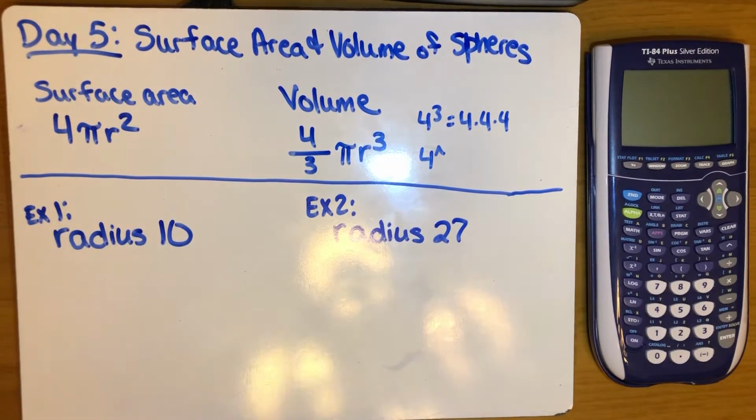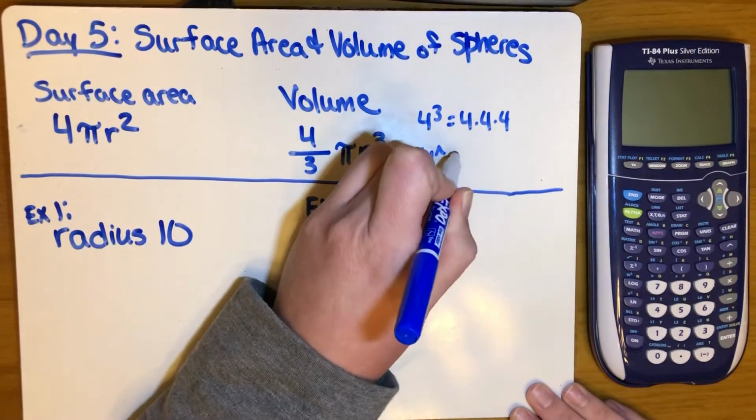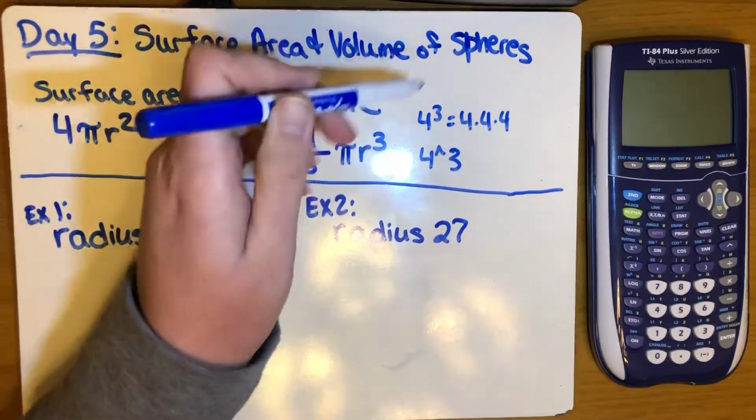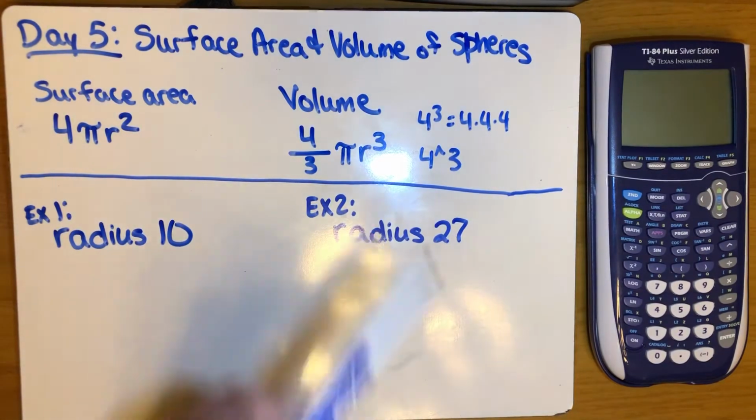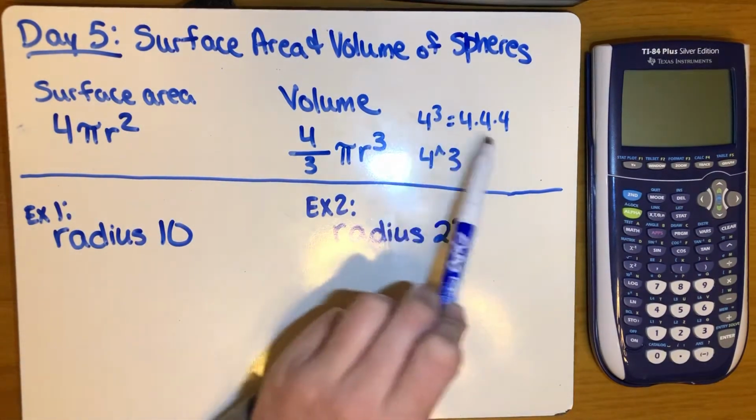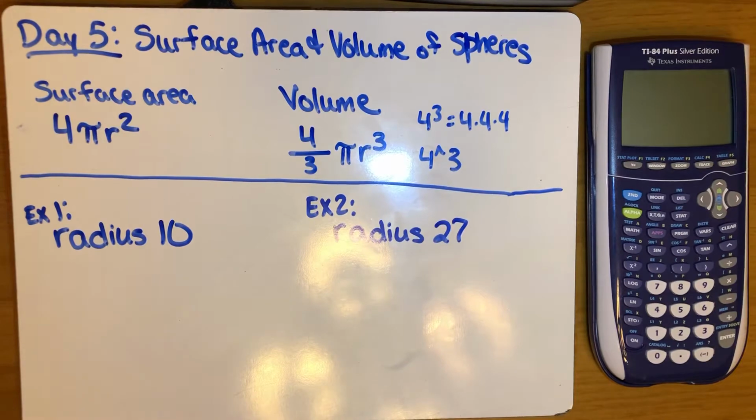Shift 6 will do that. Then you would put in a 3. That's going to tell your computer, if you're Googling the answer for 4 to the 3rd, it's going to give you this right here. But you can also just do that by hand on your own.